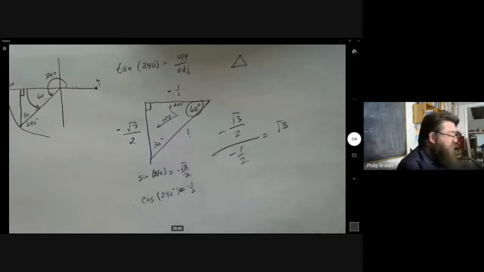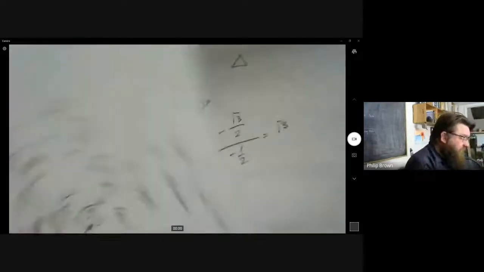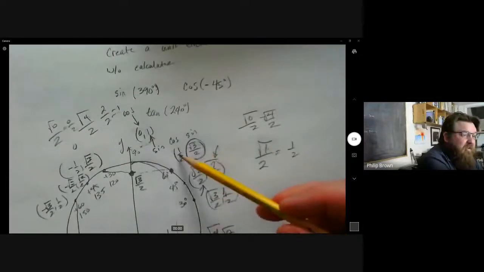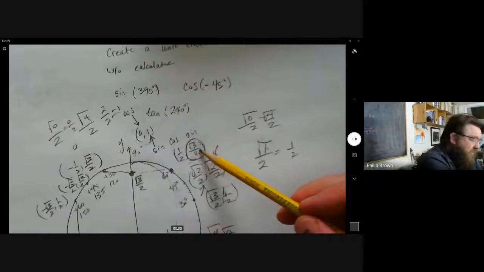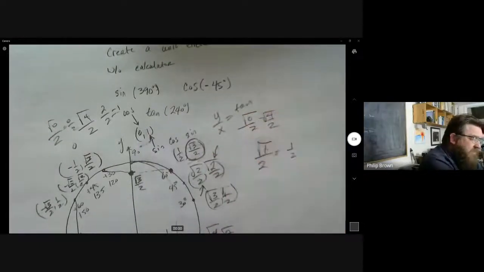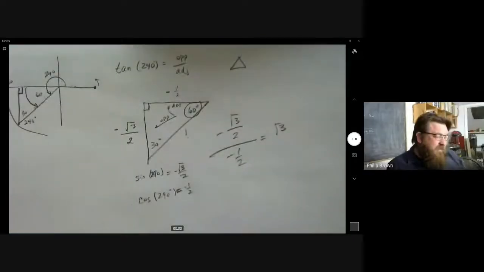The reason that's really useful is on your unit circle, you don't see tangent. You see cosine and you see sine. So if you just take y over x from any of them, you end up with the tangent of that angle. So that's kind of a roundabout way. I just wanted to throw some other things in there that I thought might be important. But does that answer your question?